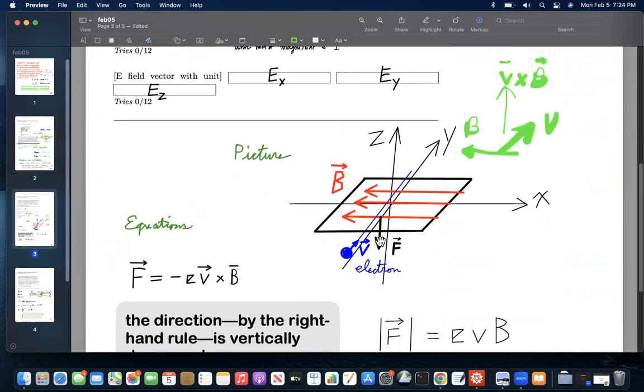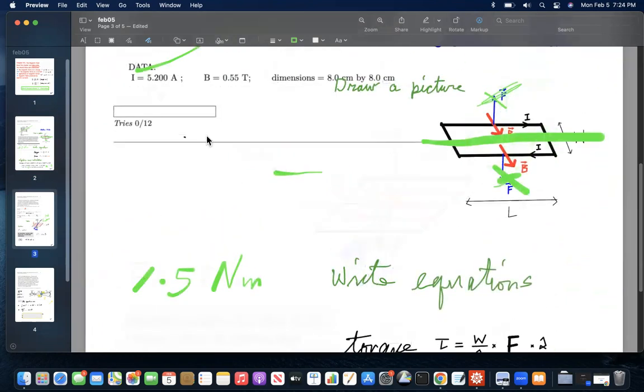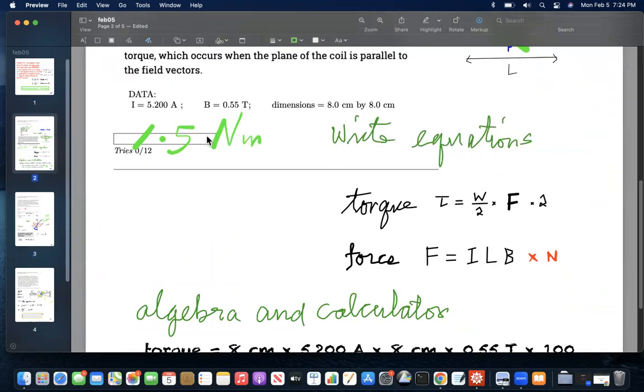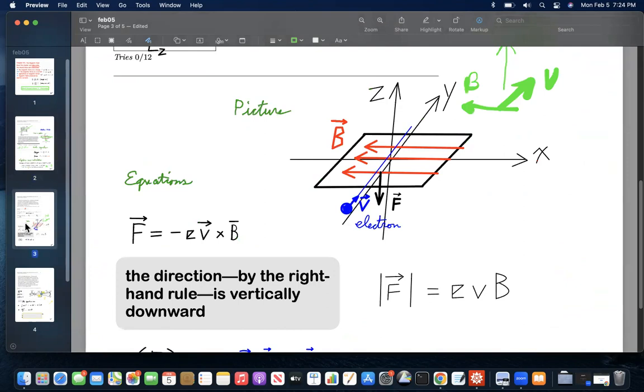So here's the force pointing downward. That's the picture. Now we need the equations. Well, we're going to deal with the force. So the force is negative E V cross B. Now, V and B are here perpendicular. So the magnitude of V cross B will just be VB sine of 90 degrees, because the directions are 90 degrees apart.